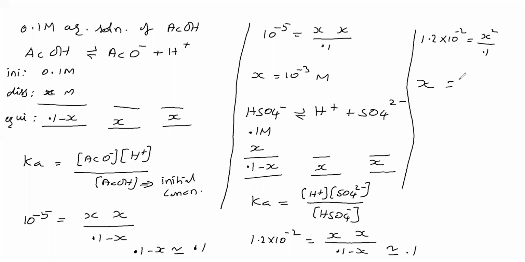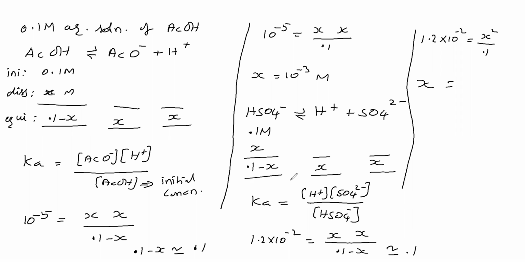If you see that x, you can come to know that we should not neglect x when compared to 0.1. Suppose if the initial concentration is 0.001 molar, then we can neglect.